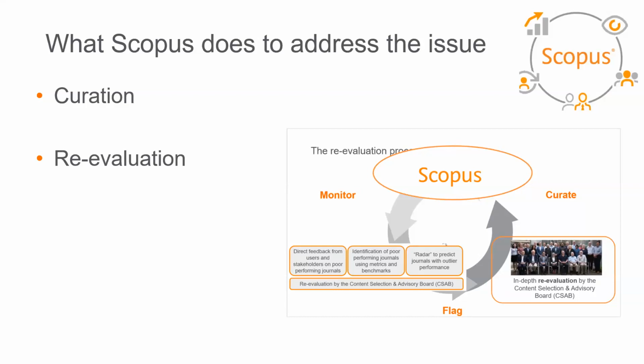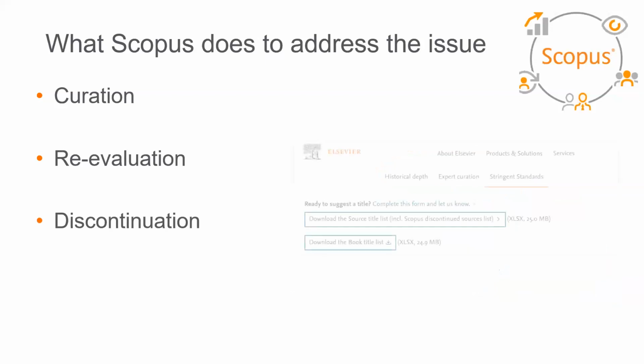This is outsourced to experts within the publishing domain. So first curation, then reevaluation, and if a journal is found to not meet the standards of the selection criteria, we publish a list of all journals that have been discontinued. This list is available in Scopus.